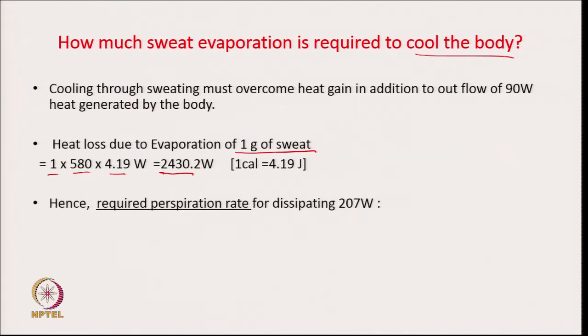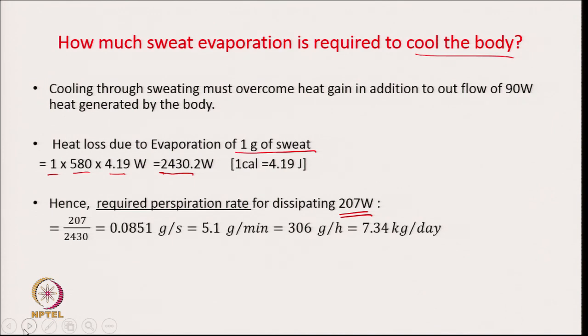Hence, required perspiration rate for dissipating 207 watt is going to be how much? 207 by 2430. So, it is going to be 0.0851 gram per second, that means 5.1 gram per minute, 306 gram per hour or 7.34 kg per day. So much sweat the person has to generate.